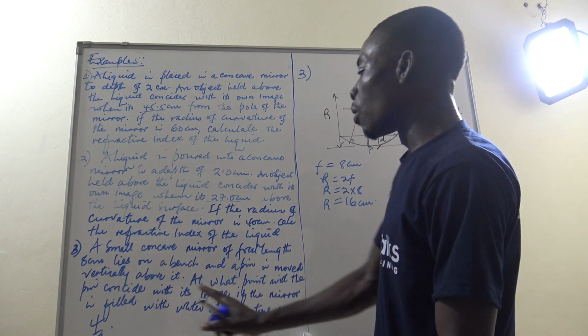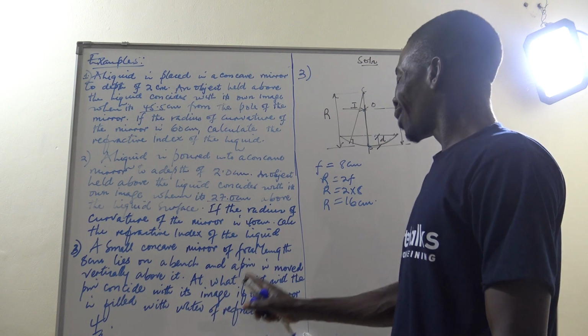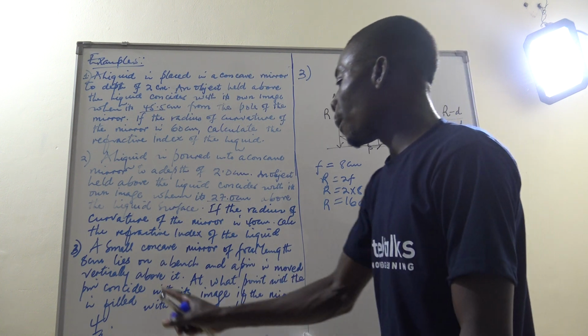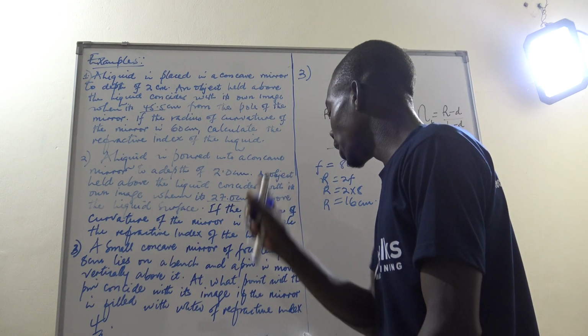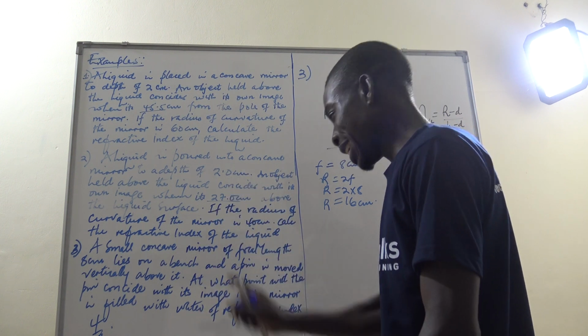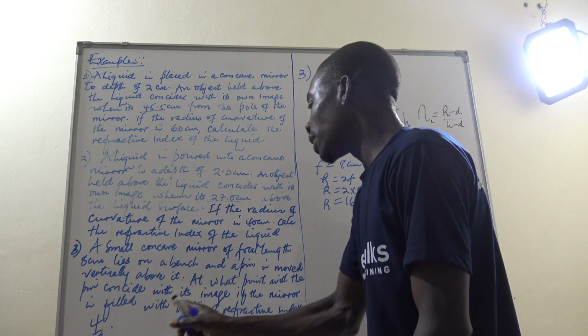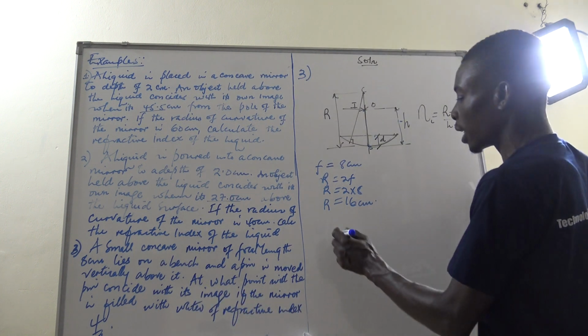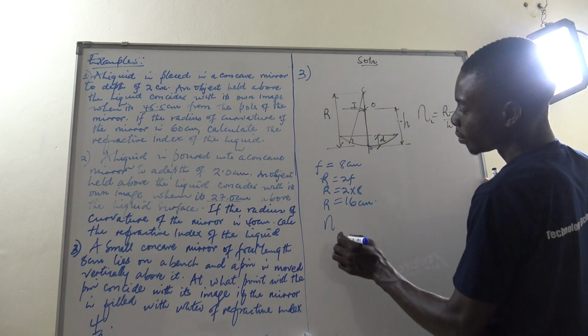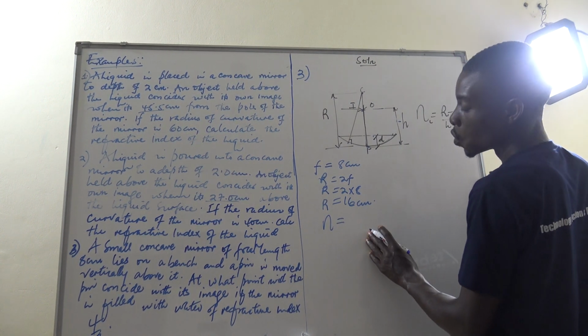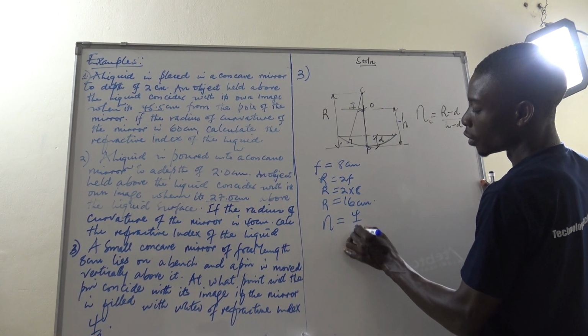A pin is moved vertically above it. At what point will the pin coincide with its image? If the mirror is filled with water of refractive index of 4 out of 3.